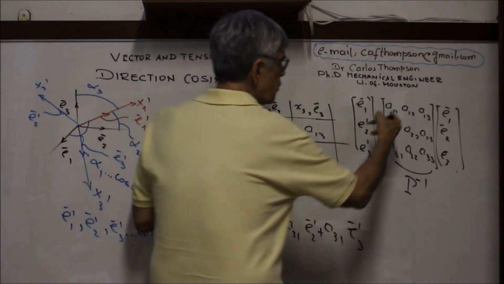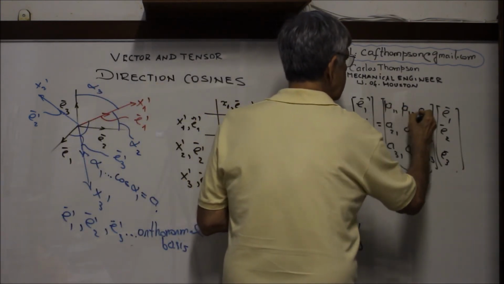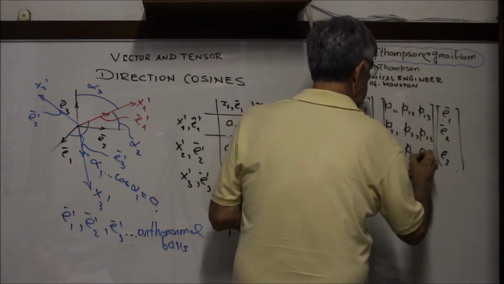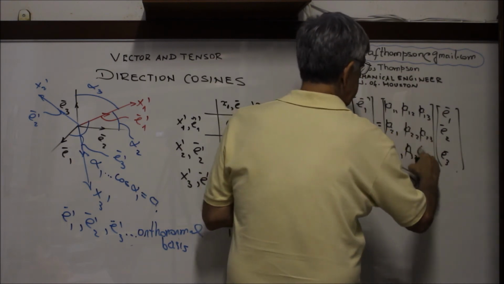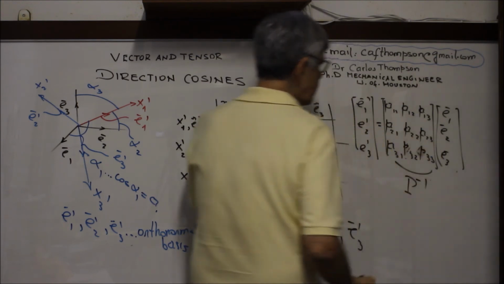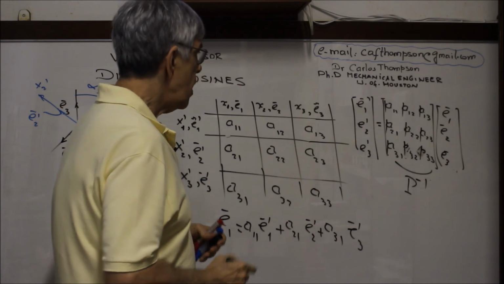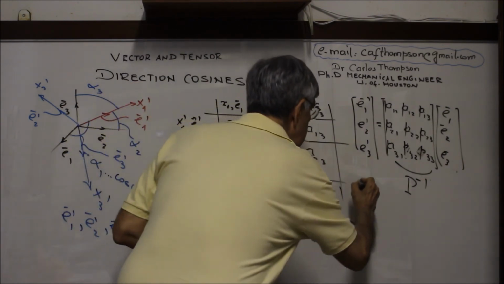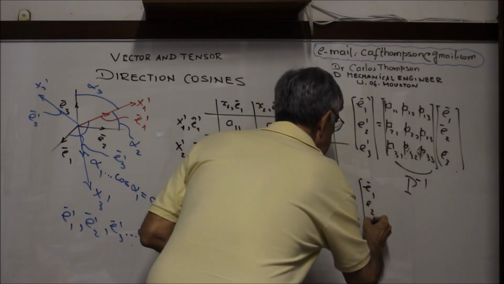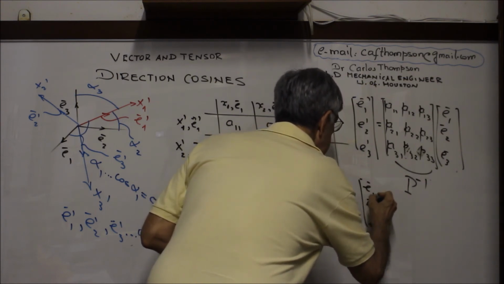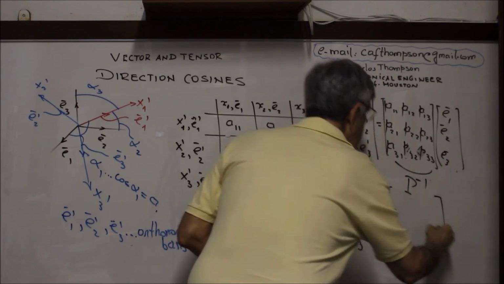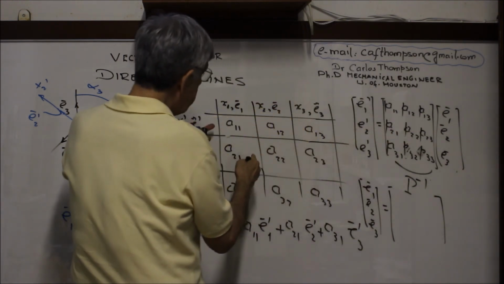Or you could write P instead of A, no problem: P11 through P33. Just call this P minus 1. Obviously, if I write E1, E2, E3, this is equal. Now let's see the transpose.